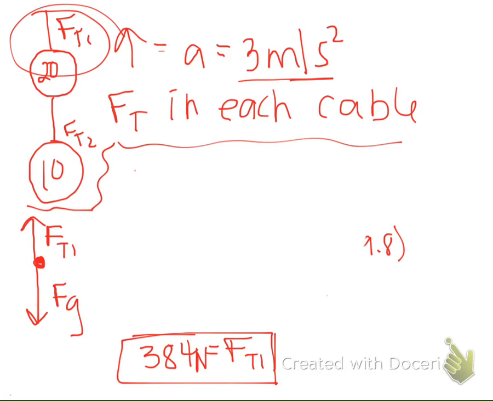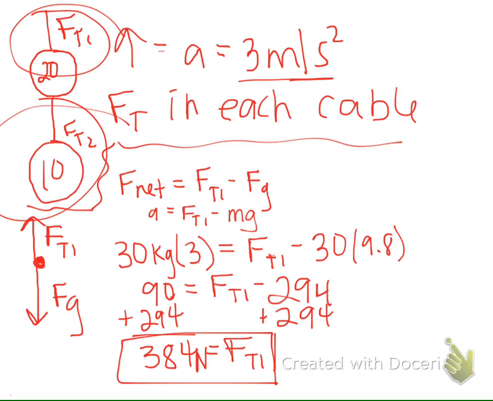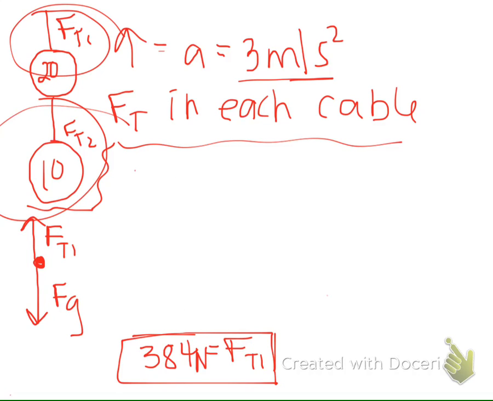All right, now we're going to solve for the force of tension in this second cable. So we're solving for this right here. So our free body diagram will look essentially the same, correct? Except the force of tension pulling up will be F sub T2. And this is also gravity pulling down.